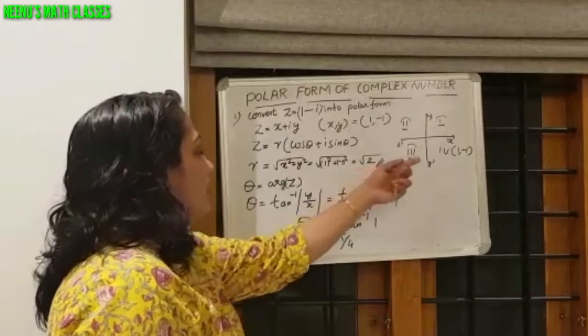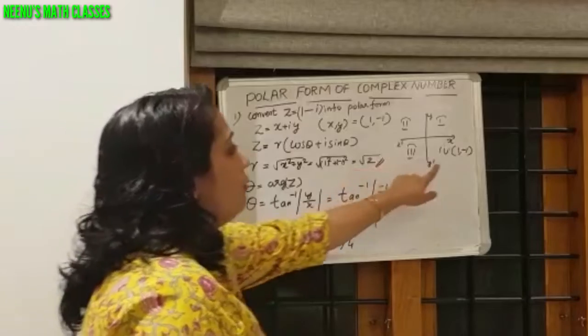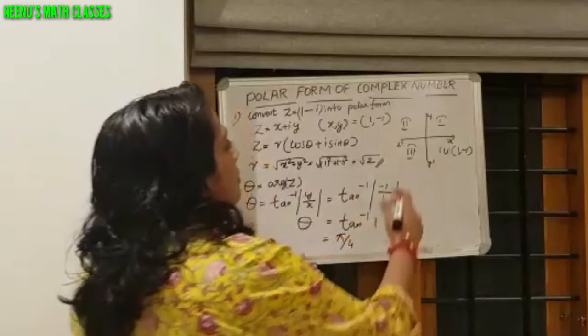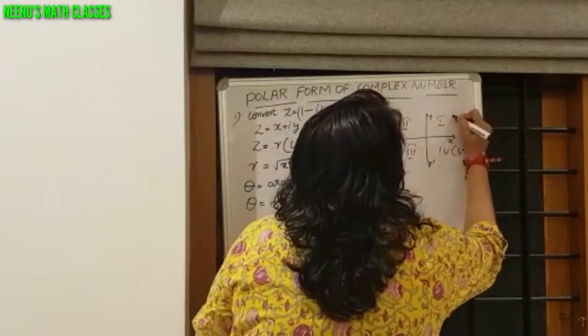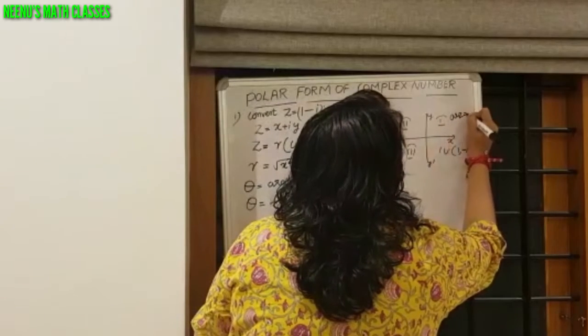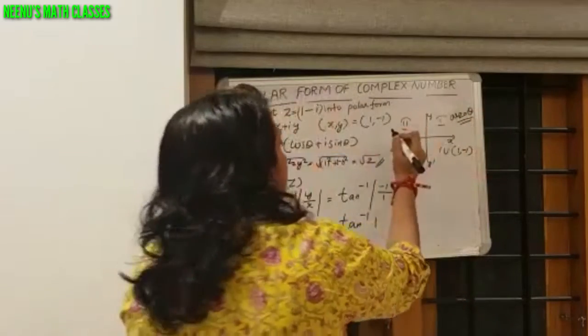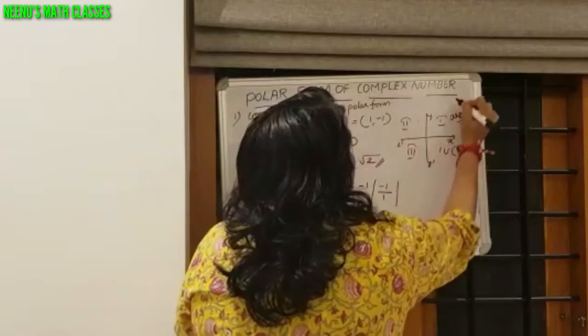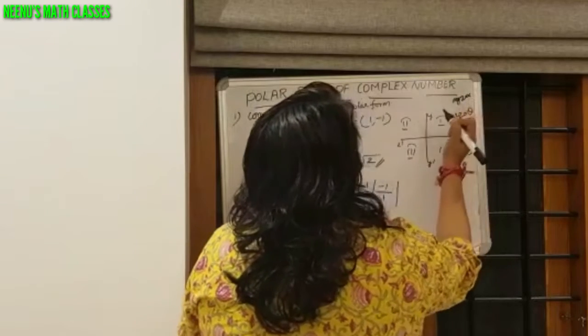Now we come to here. We got theta equal to pi by 4. Which quadrant? The fourth quadrant. There are many particularities in these quadrants. Let's take arg z equal to alpha.